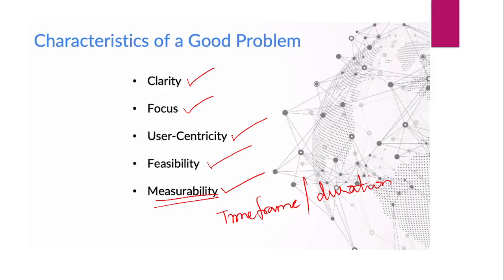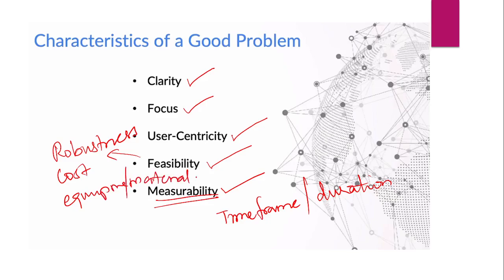Your problem statement should contain clear words and focus on the particular problem, and focus on a user centric approach, as well as feasibility. Feasibility here deals with robustness, costing, equipment or material availability, and you think about the maintenance after using these materials.